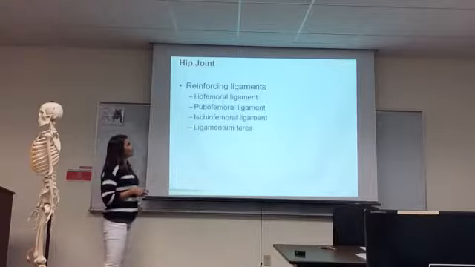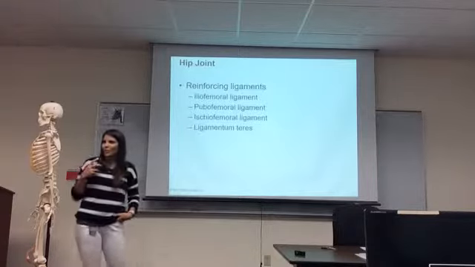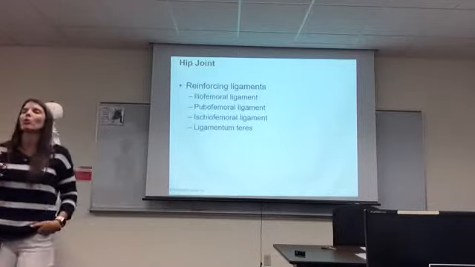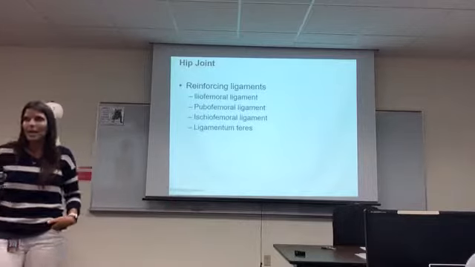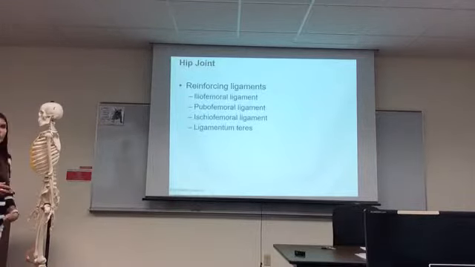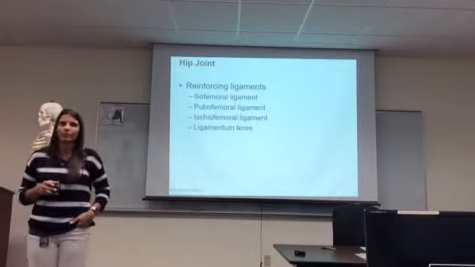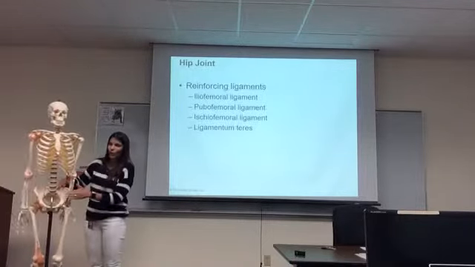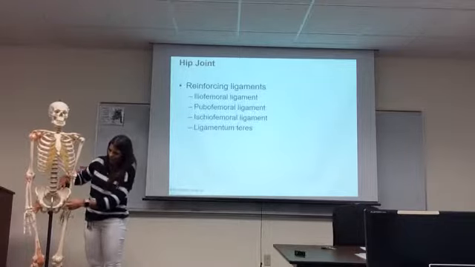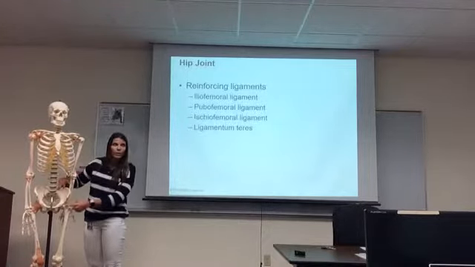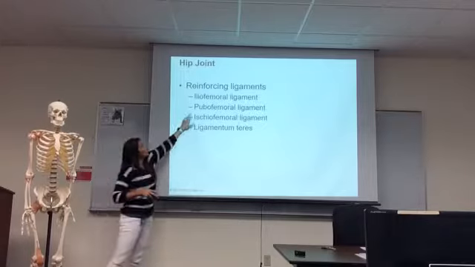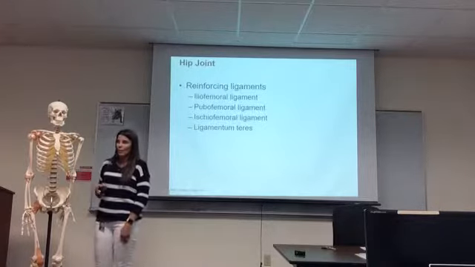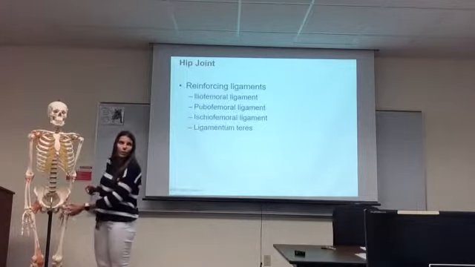All right, the reinforcing ligaments of this joint, your hip joint. I bet you can tell me where these are. Iliofemoral. Where's the ilium? Right. So iliofemoral is going to be from the ilium to the femur. Okay? Pubofemoral, from the pubis to the femur.